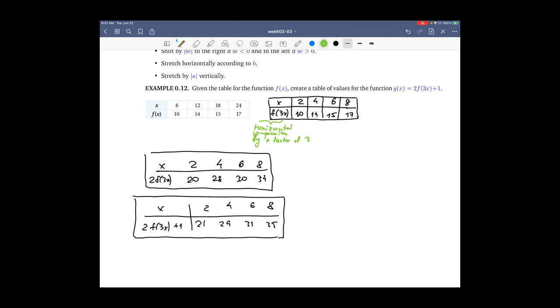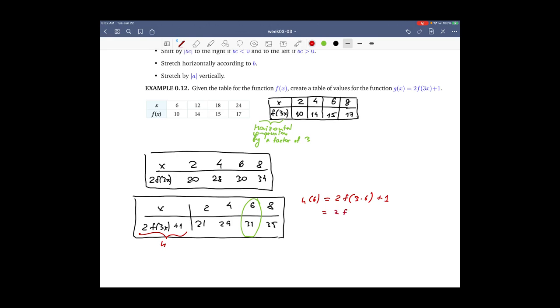And we can check one of them, for instance. Let's call this function temporarily h. Let's check that h of 6 is really 31. Well, h of 6 is 2 times f of 3 times 6, where instead of x I write 6, plus 1.